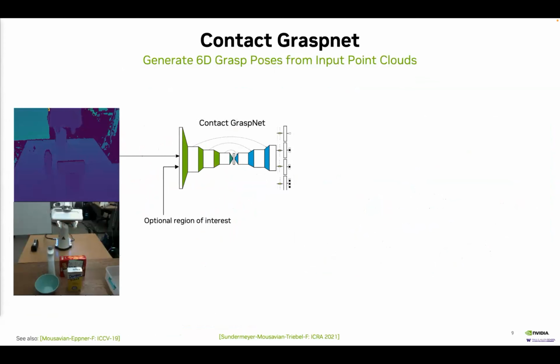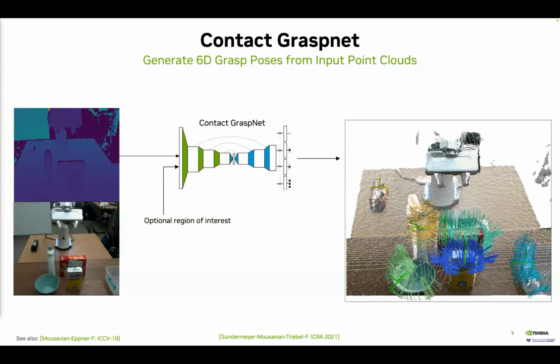This is one technique. It's called Contact-GraspNet, where you can train that network to take as input a depth image, the point cloud of the scene, and then it generates what you see on the right side. For the different points that you observe, for each point, it estimates, would that be a good point for the robot to actually interact with its gripper?